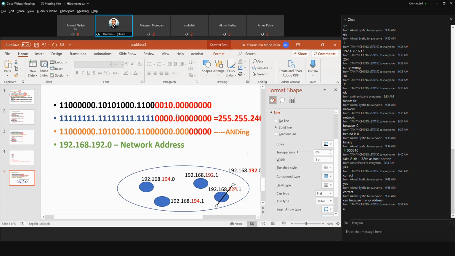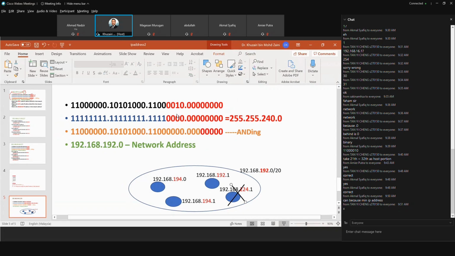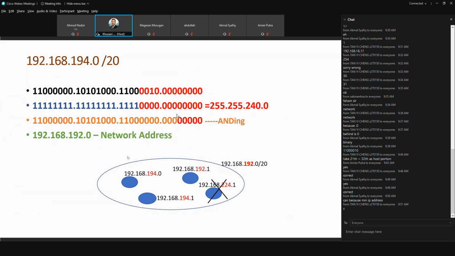Tak boleh pakai. Cannot use that. Right? Anybody still don't understand?